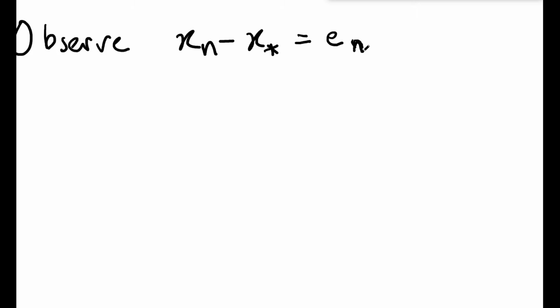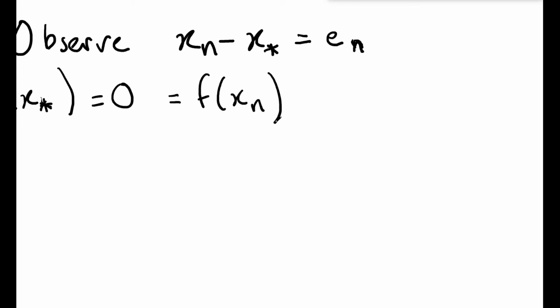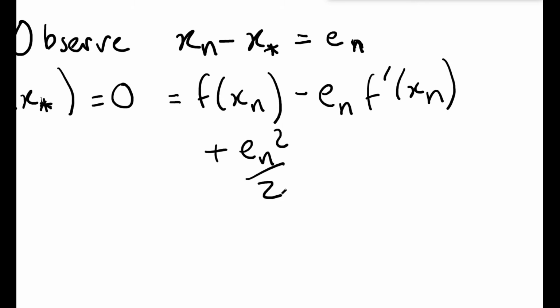So we can now write f(x*) = 0 equals f(xn) minus en f prime of xn plus en squared over 2 f double prime of psi n. That's the Lagrange remainder theorem.